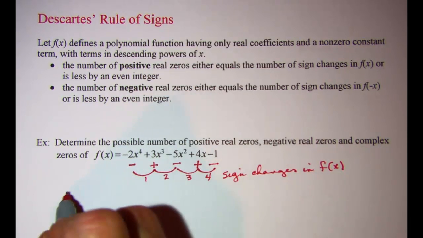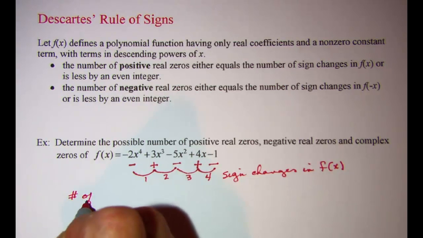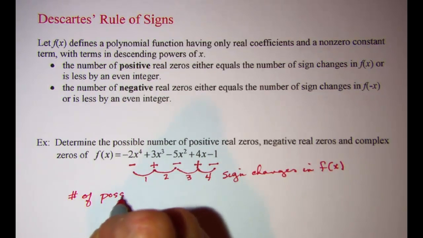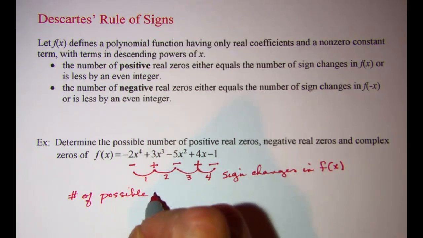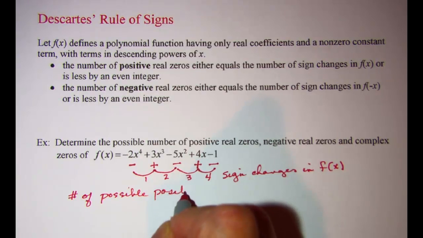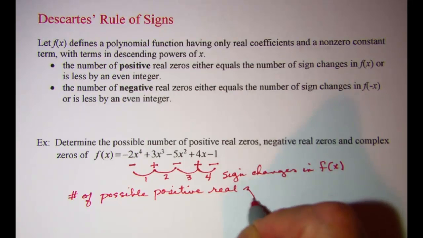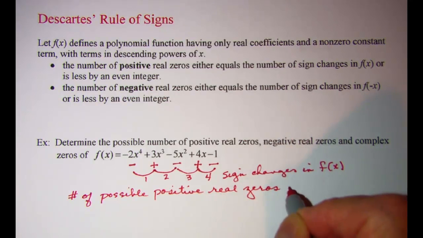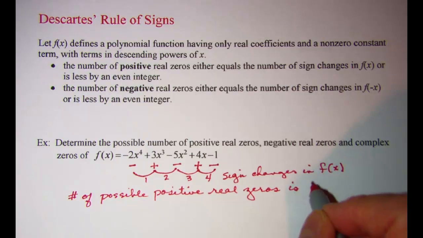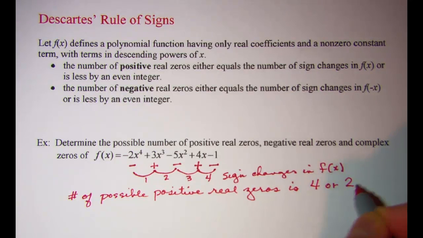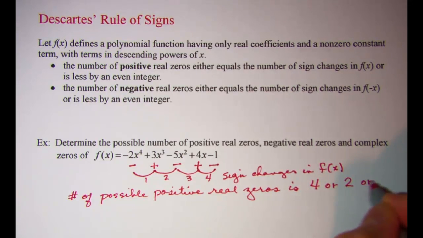That means that the number of possible positive real zeros is 4, or 2, because you reduce by an even number, or 0.